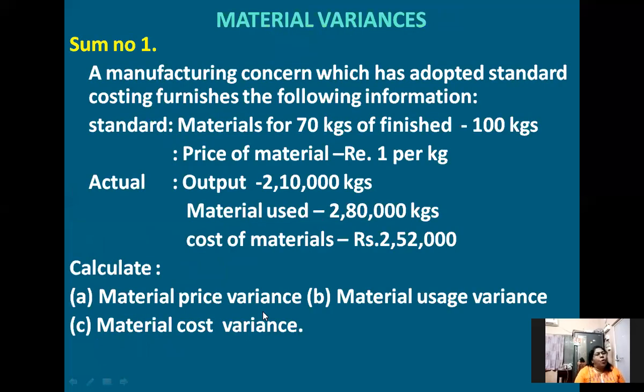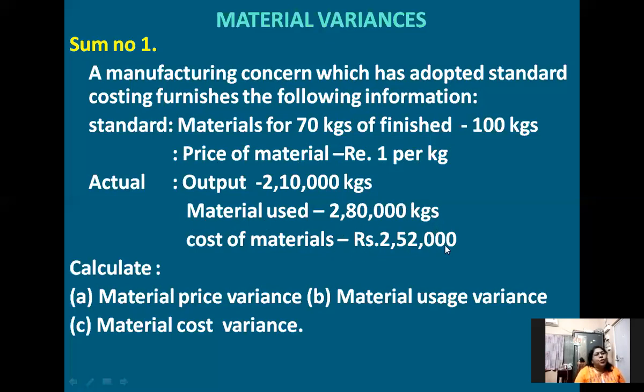We need to calculate the actual price per kg because the standard price per kg is available in the problem itself, but the actual price per kg is not given. But for the calculation, we have the information.